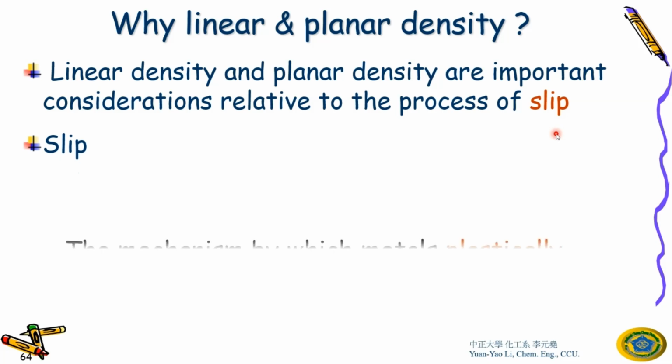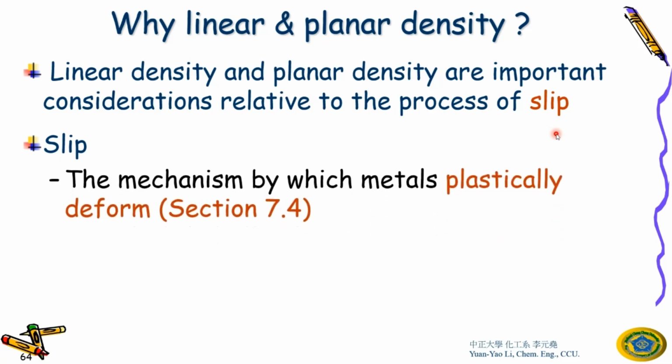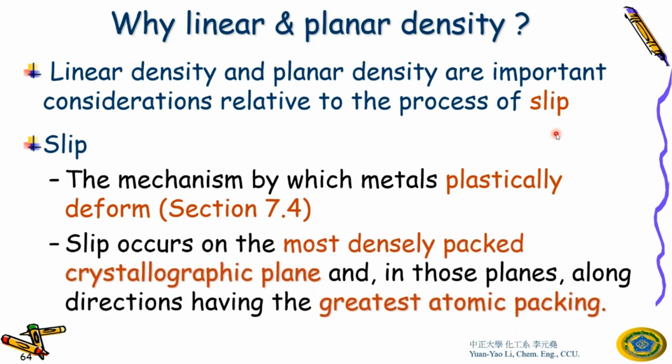Okay, so slip is the mechanism by which metals plastically deform. We will talk about this in chapter 4, I think. Slip occurs on the most densely packed crystallographic planes, along the direction that has the greatest atomic packing.